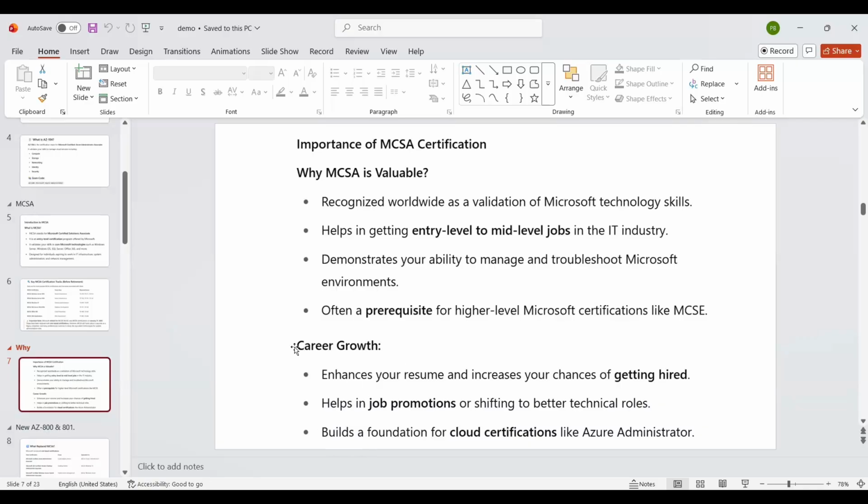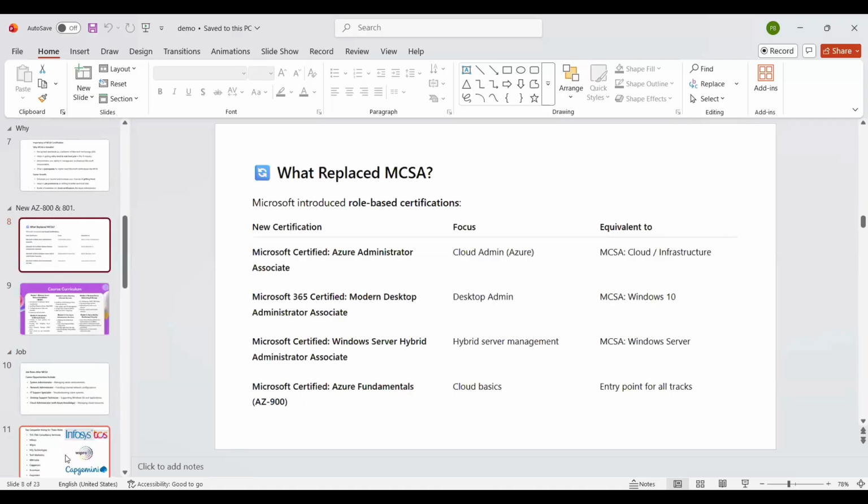And nowadays we have our AZ-800 and 801. So what replaced MCSA? In the replacement of MCSA, we have the role-based certifications, right? And when you talk about role-based certifications, we have different options available.